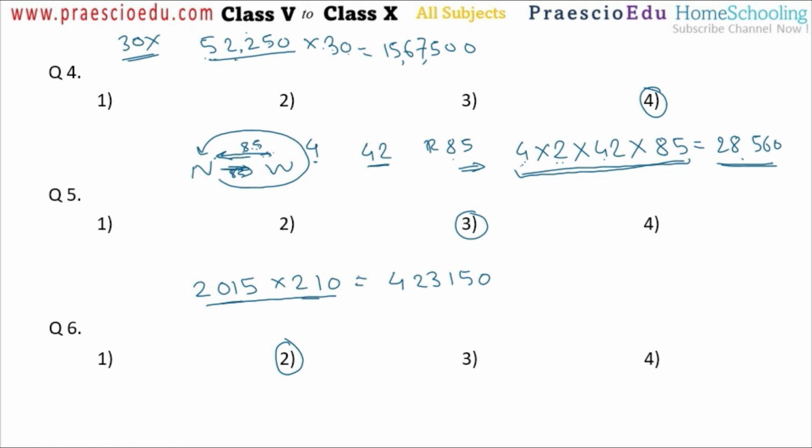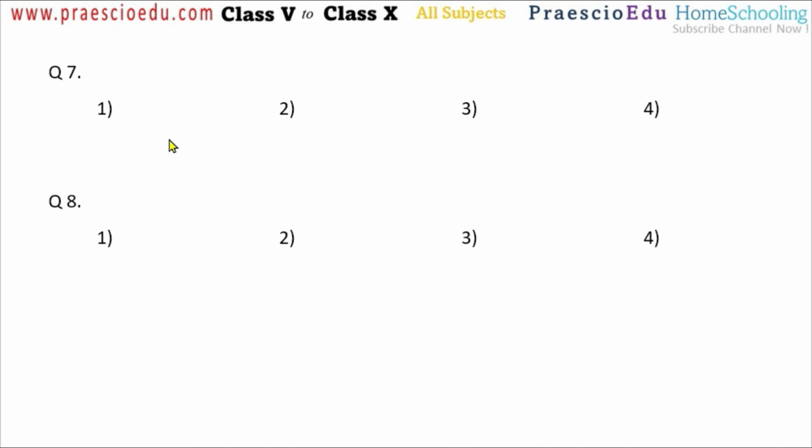Now question number 7. A shopkeeper has 6,750 notes, each of rupees 10. So multiply by 10 to find the amount of this one. And 3,375 notes of rupees 20, each.